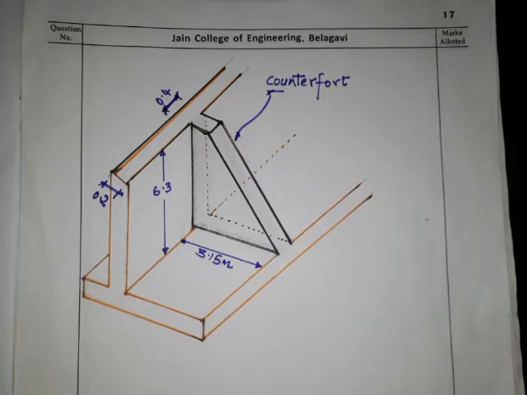I was discussing the design of the counterfort retaining wall, and in the last session we finished the design of the heel slab. Up to today's session we have finished the three components of the retaining wall.